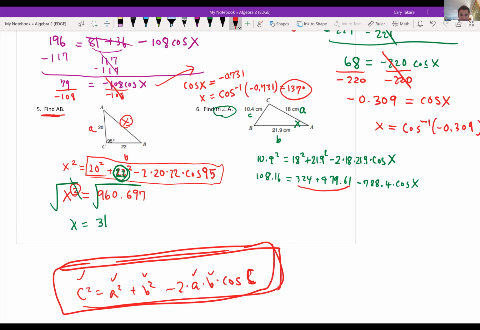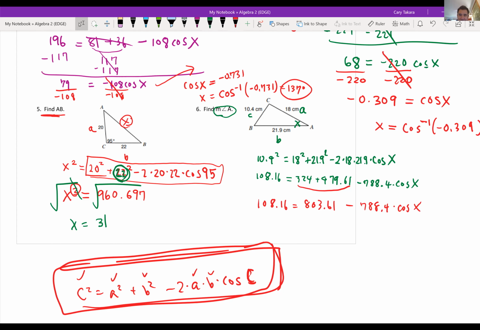324 plus 479.61 is 803.61. And then the next step, we should get rid of the number floating by itself, like 803.61. It's just by itself, right?